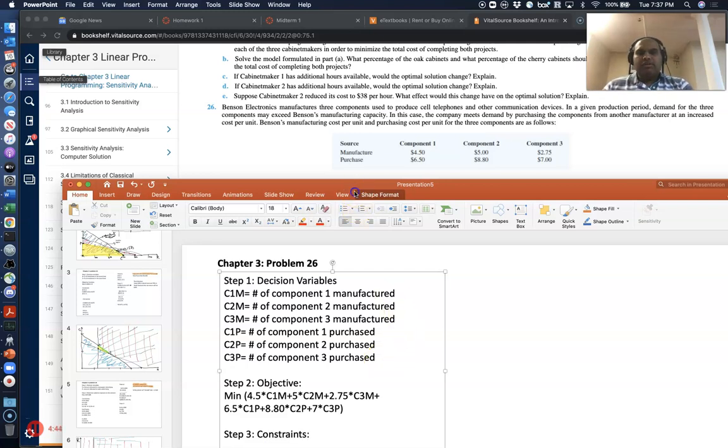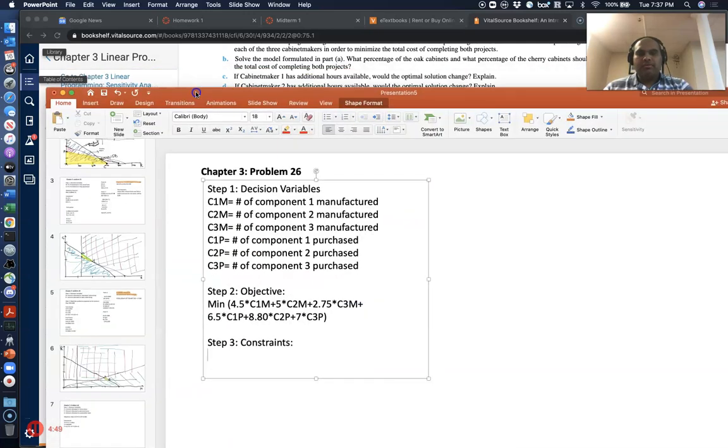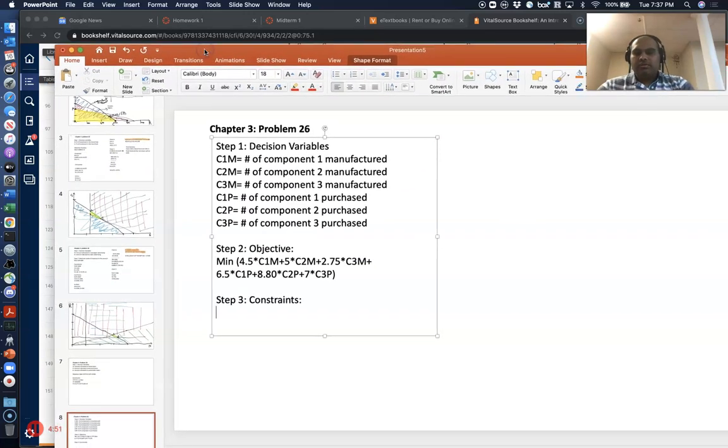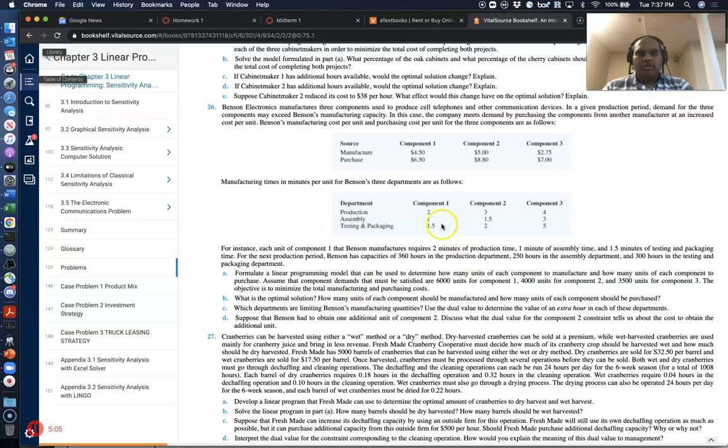It's 2 times the number of component 1s that you make, plus 3 times the number of component 2s that you make, plus 4 times the number of component 3s that you make, because production time is 2 minutes for component 1, 3 minutes for component 2, and 4 minutes for component 3, right?